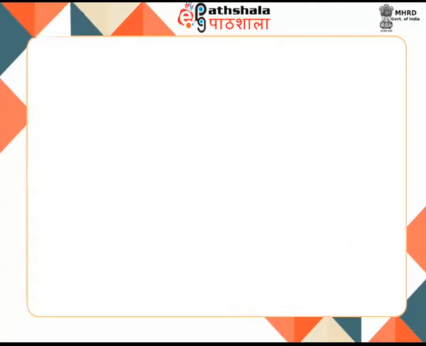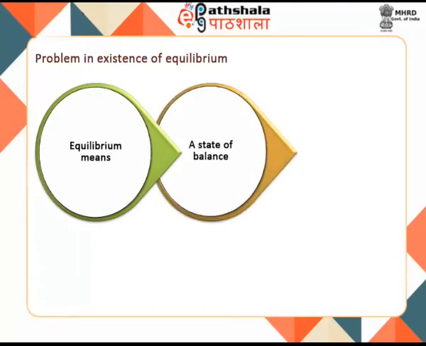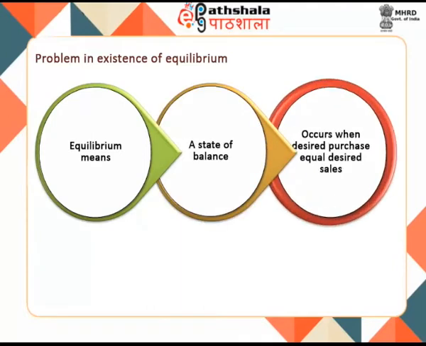Let's now analyze the problem of existence of equilibrium. We can use an alternative way of analyzing this problem by using an excess demand function. The term equilibrium means a state of balance. It occurs when desired purchases equal desired sales.